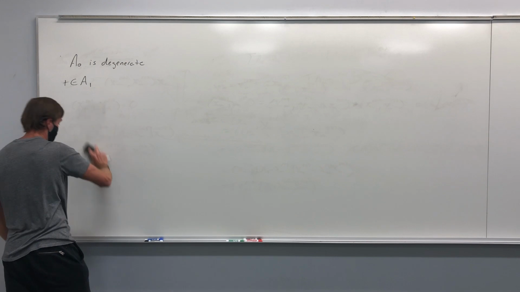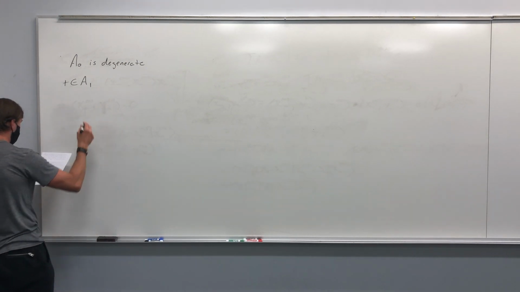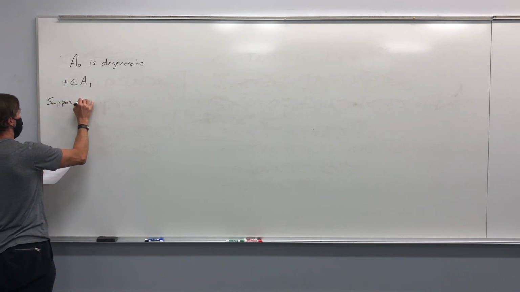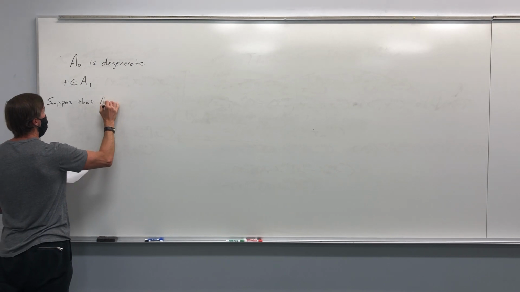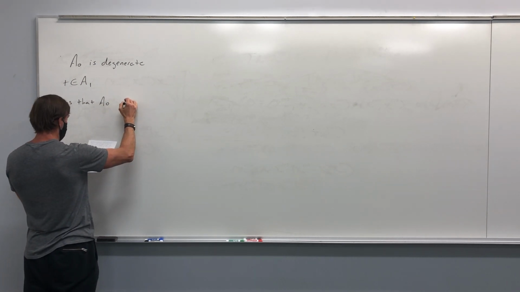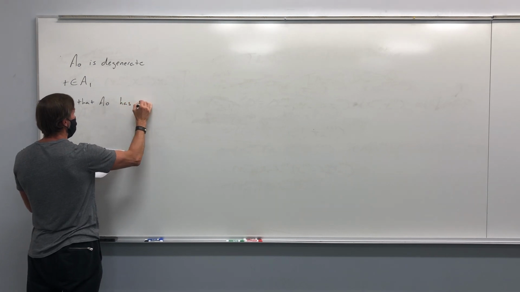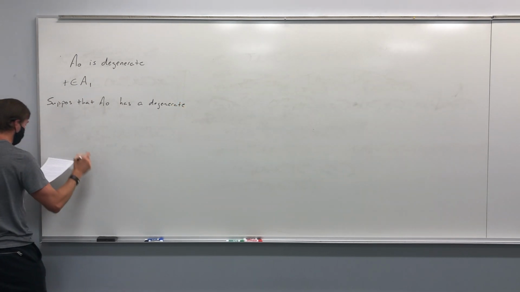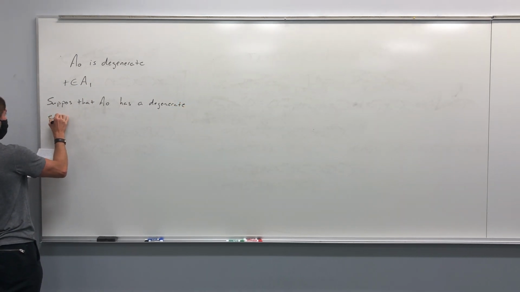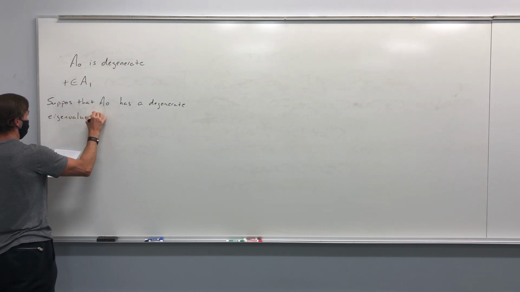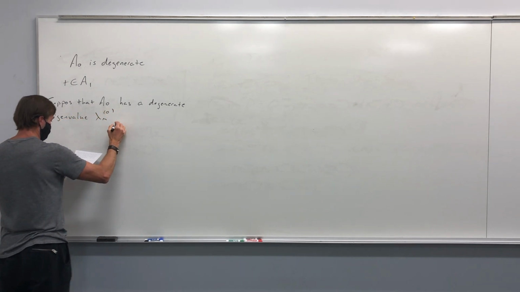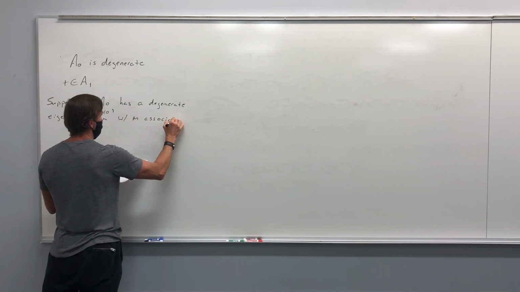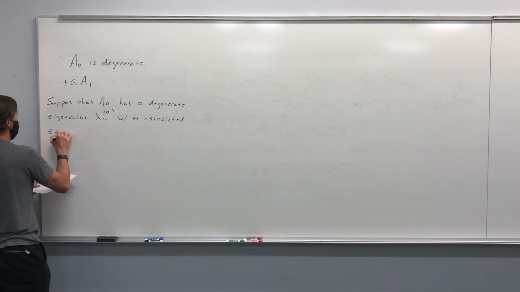So here we go. Degenerate perturbation theory. Suppose that A0 is degenerate, or has a degenerate eigenvalue. So I'm going to do like last time, and I'm just going to focus on a single eigenvalue at first, with m associated eigenvectors.